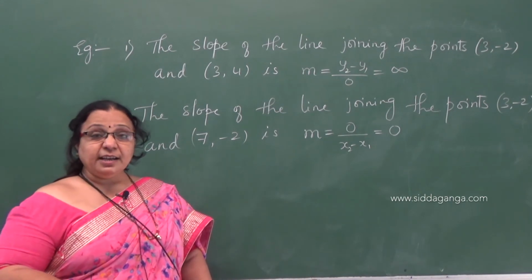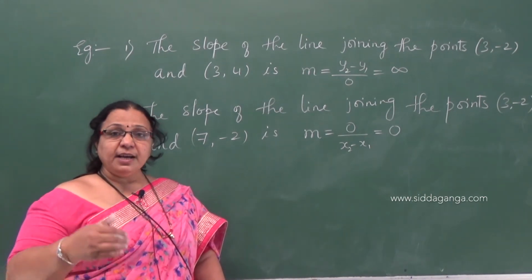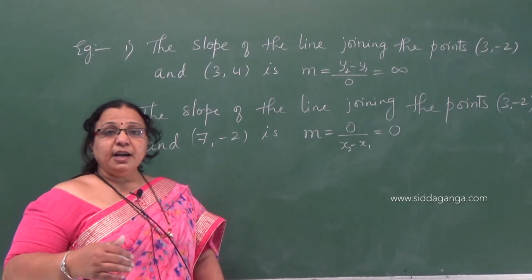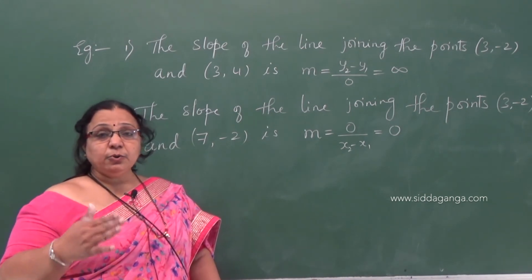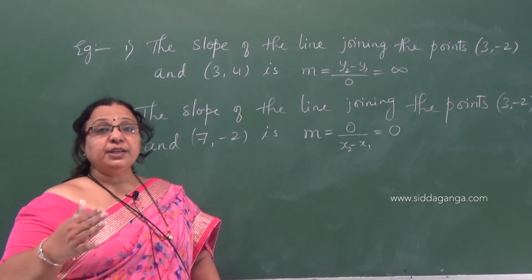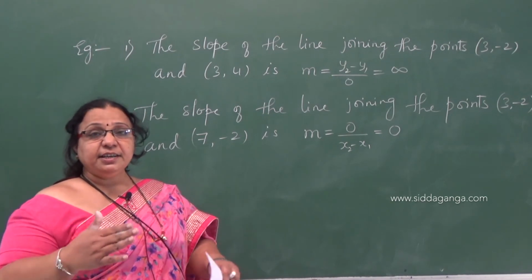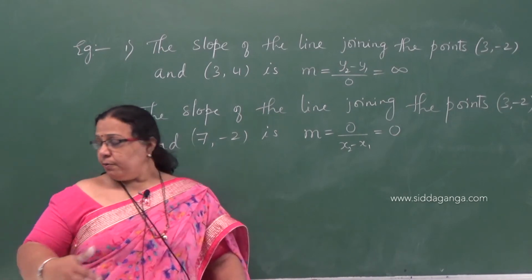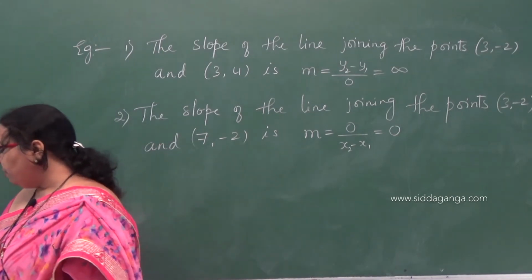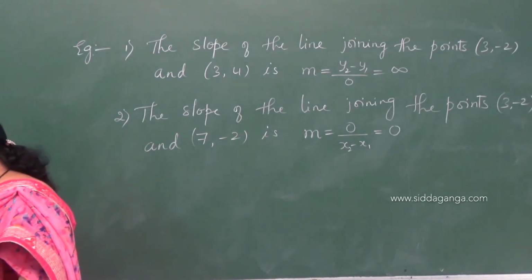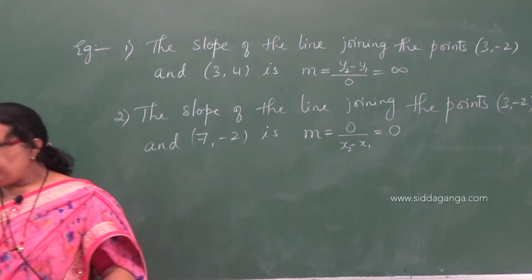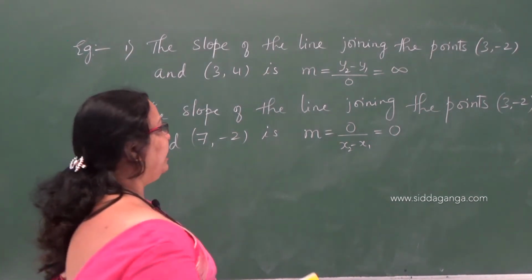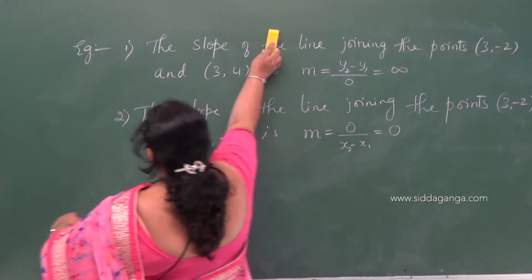So we derive the formula when the two lines do not coincide, that is, they are intersecting each other, to find the angle between the two lines at their point of intersection.